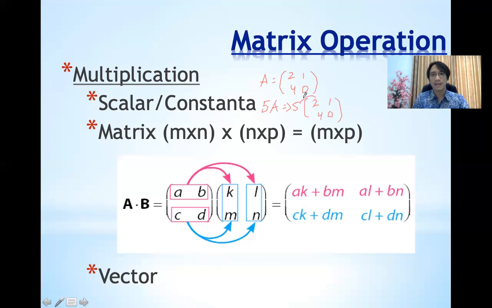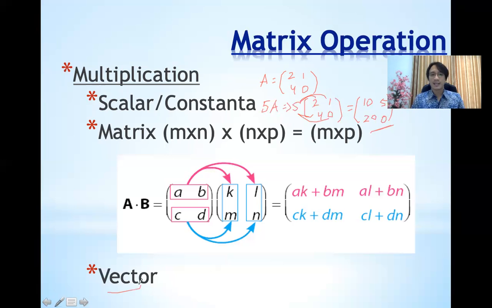So the result will be 2 times 5, 10. 5 times 1 is 5. 5 multiplied with 4 is 20. 5 multiplied with 0 is 0. So this is the result for the scalar matrix operation.